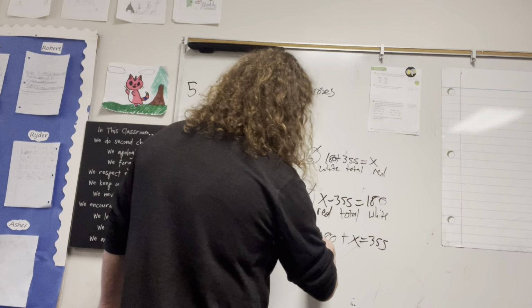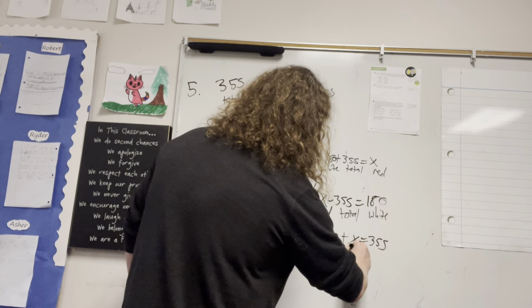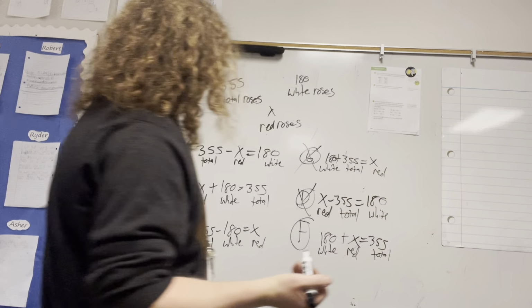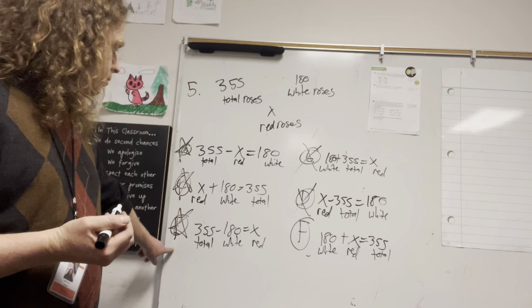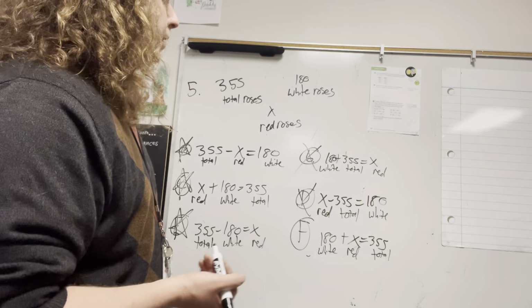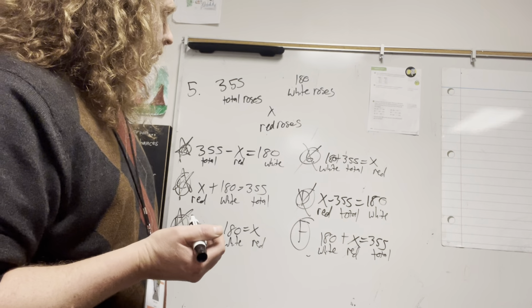Also good. Yep. White roses plus red roses equals total roses. So that makes sense. I think E is probably the most logical one as far as actually finding the answer to this question, but it doesn't actually ask for the answer, so that would be the most straightforward way as far as I can tell.